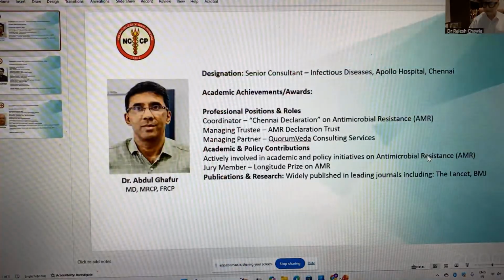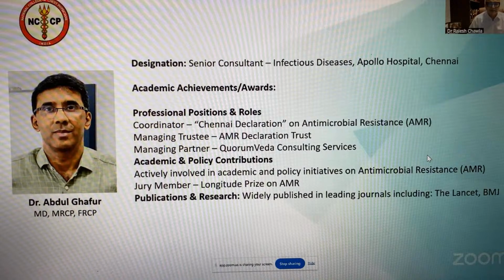So I have great pleasure in introducing Dr. Abdul Ghafoor, who is going to moderate the session today. I have known Dr. Abdul Ghafoor for many years, and he is one of the persons who has been after antimicrobial resistance for almost 25 to 30 years. He was the coordinator of the Chennai Declaration on antimicrobial resistance. He is MRCP and FRCPath.